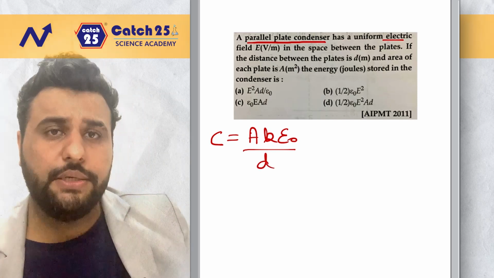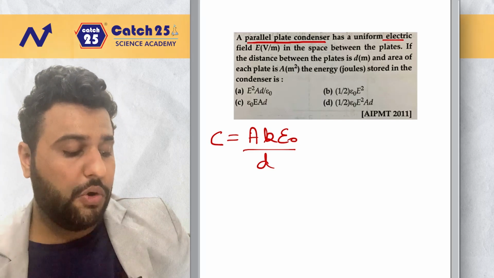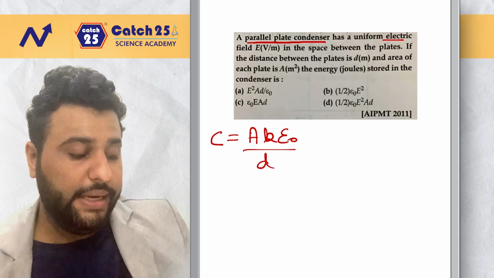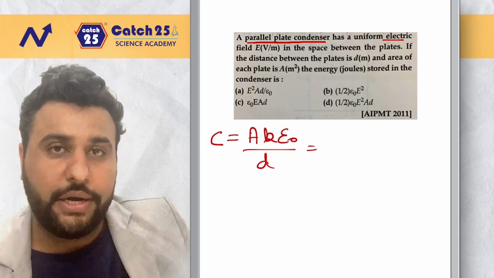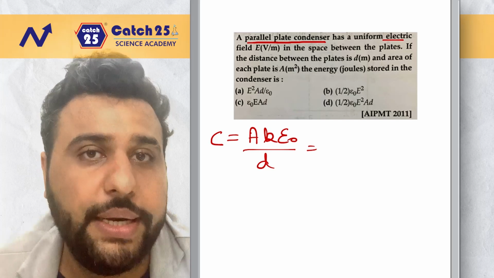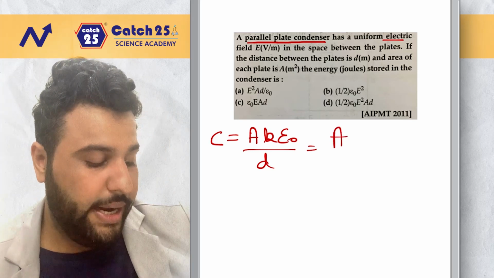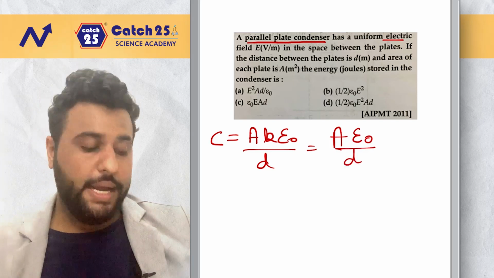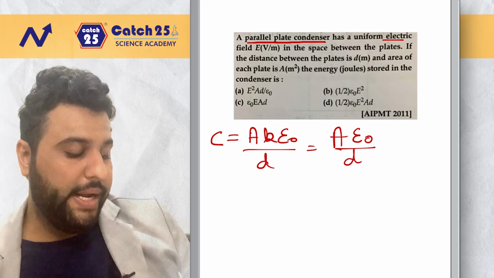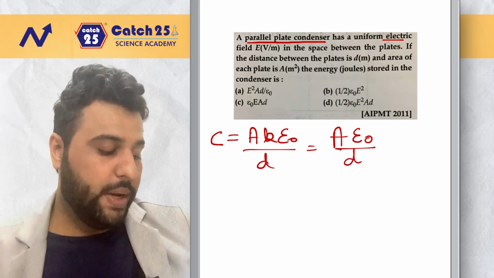But since nothing is mentioned, I will take dielectric constant as 1. Therefore, it will be A epsilon naught by D, because I have taken K equal to 1.